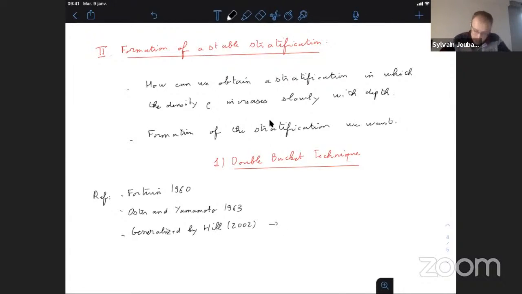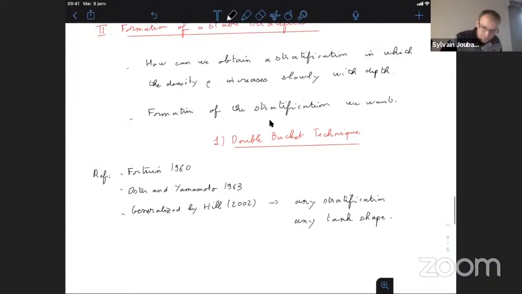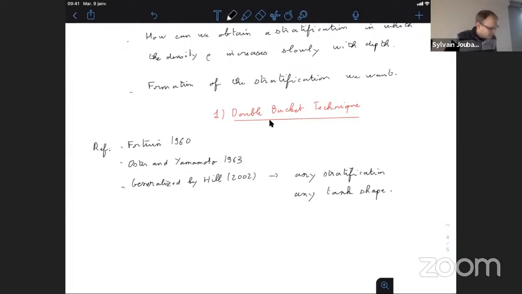With this generalization, you can have any stratification or any tank shape.